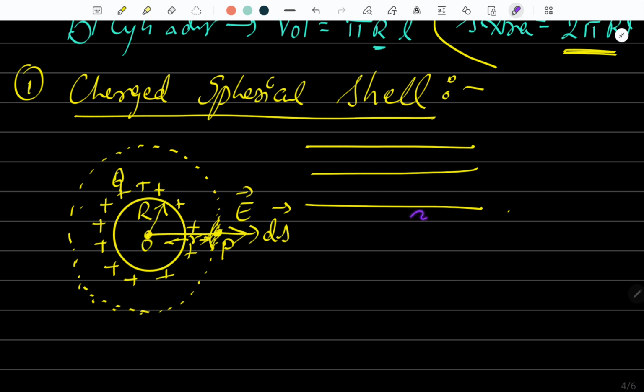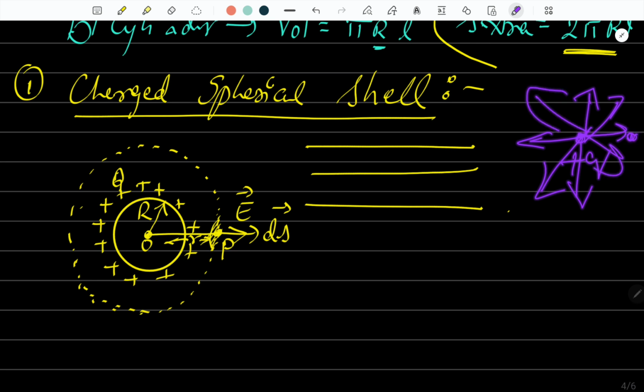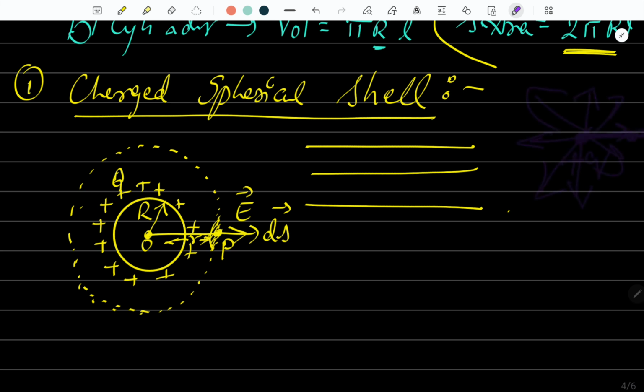Because of the positive charge, all the electric field lines are outward, so at point P the field comes straight outside. So you get ds vector and electric field in the same direction.